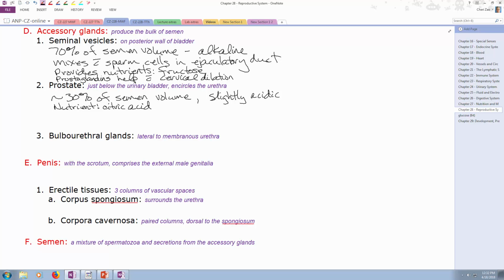The prostate gland also produces a very specific chemical called PSA, prostatic specific antigen. This helps to liquefy semen after ejaculation.